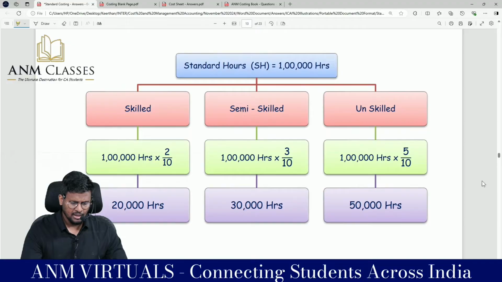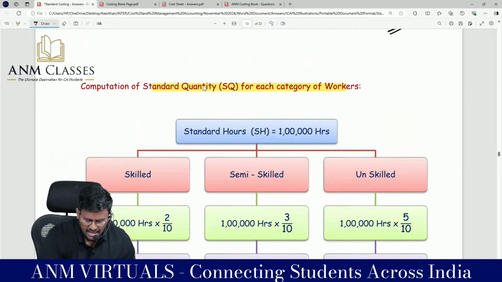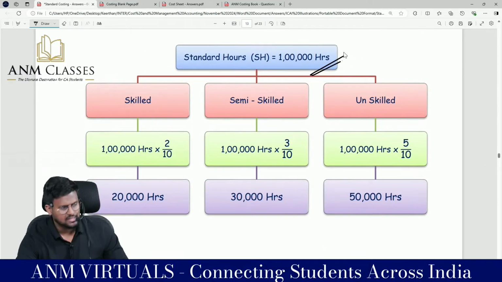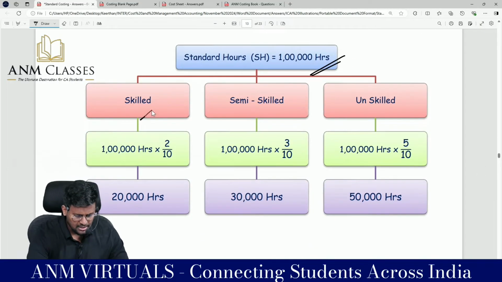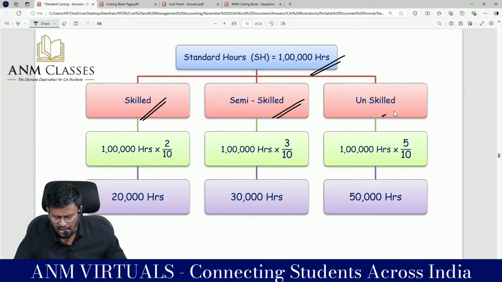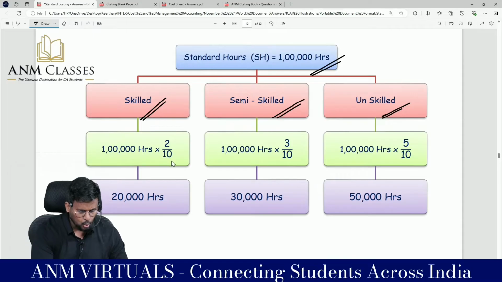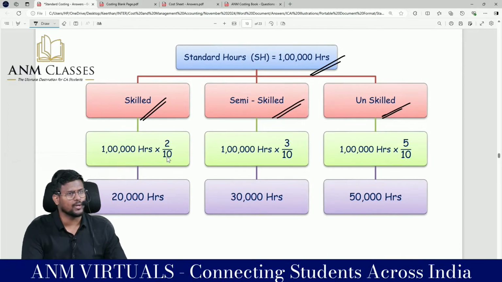Computation of standard hours for each category of workers. Total standard hours, how many hours? That comprise of skilled, semi-skilled, unskilled. So 1 lakh into 2 by 10, because in 10 hours, 2 hours is taken by the skilled worker.